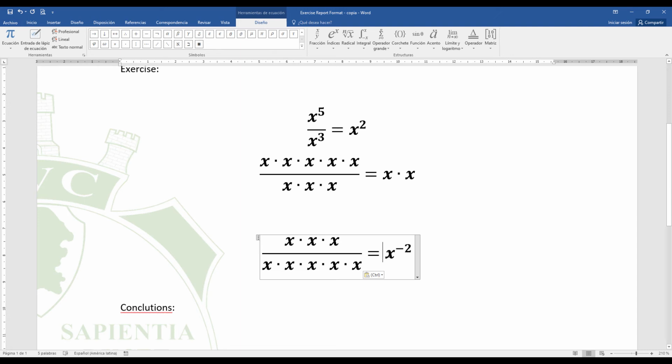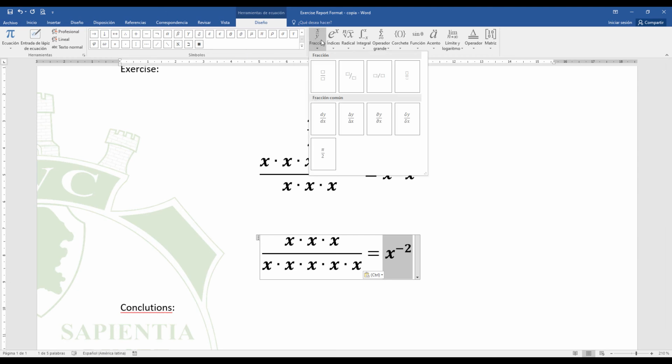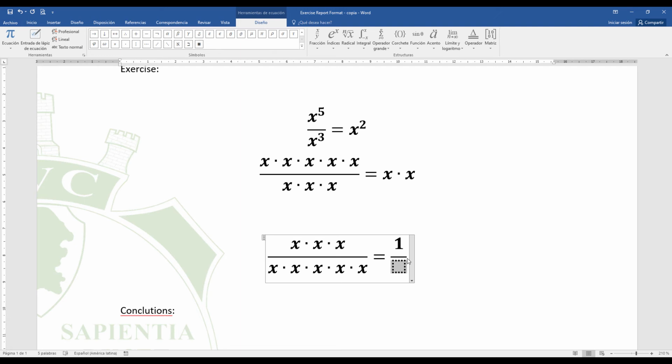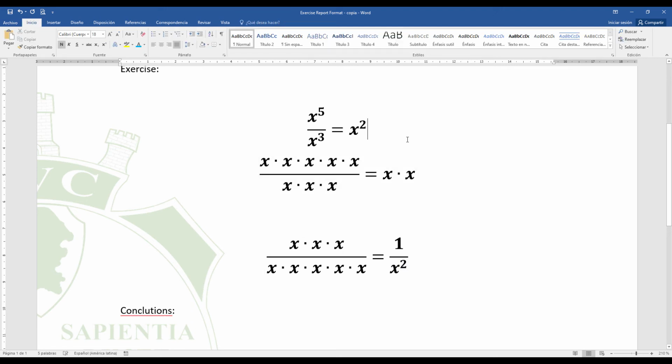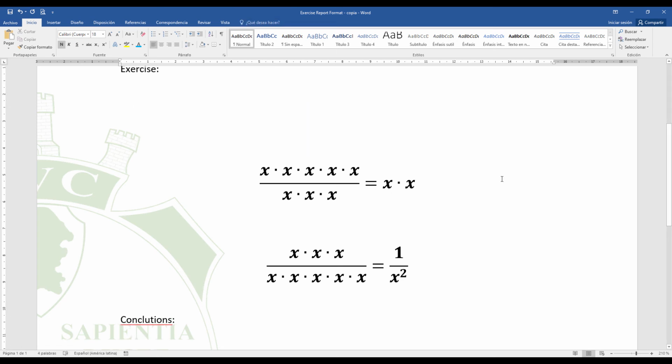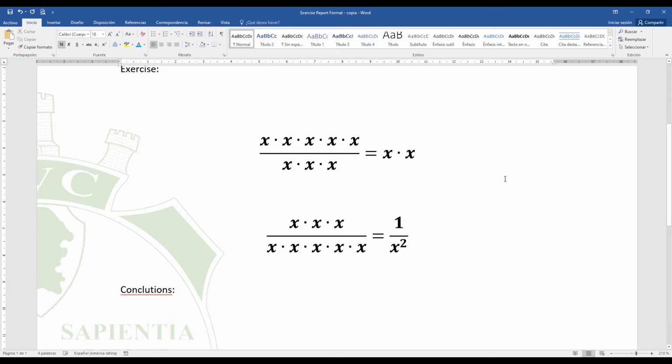And what happened here? If you remember, the rule is like that: 1 divided by x squared. Why?